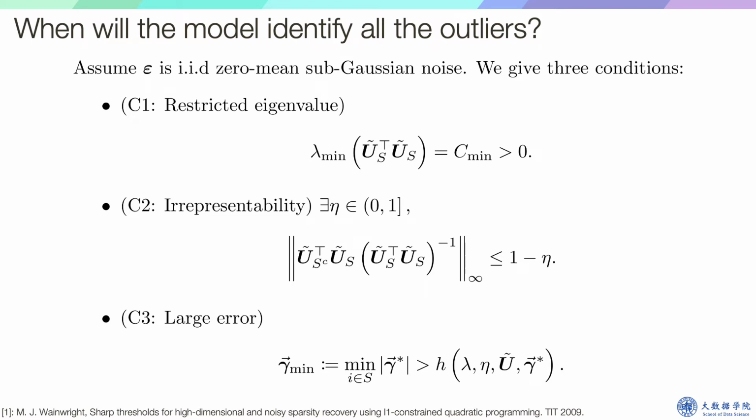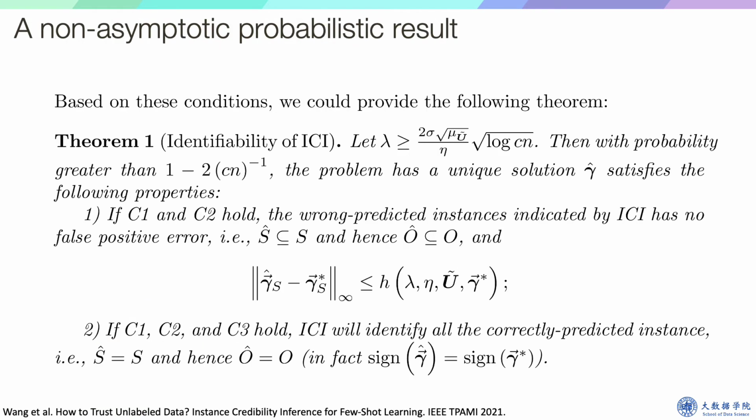We give 3 conditions here, and we just translate these conditions into English. If we have C1, we can get a unique solution. If C2 holds, clean data and noisy data are diverged to some extent. If we have C3, the error is large enough to be identified from random noise.